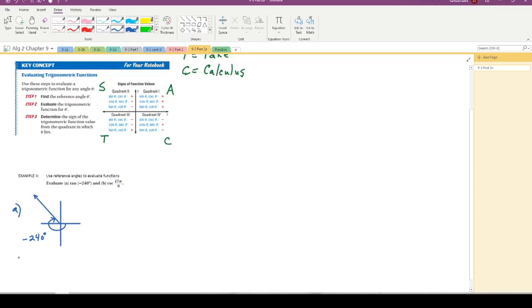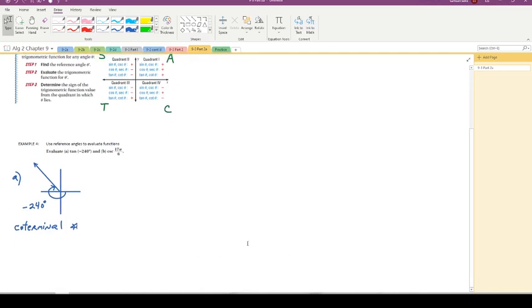Well, what's the first thing I need? The first thing I need is the coterminal angle. The coterminal angle is how we draw the angle.